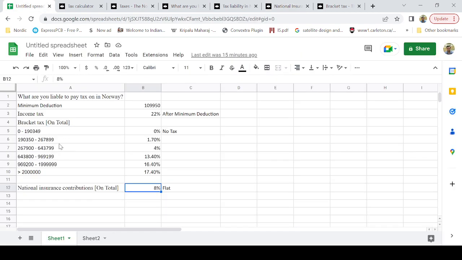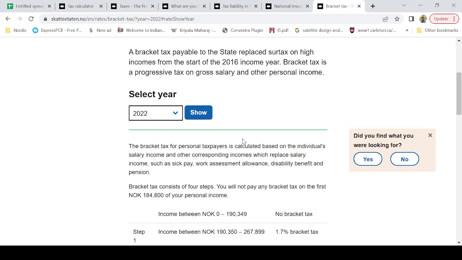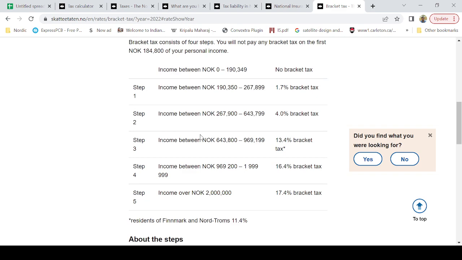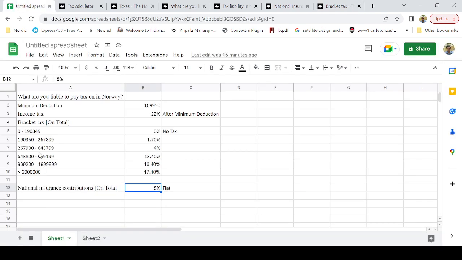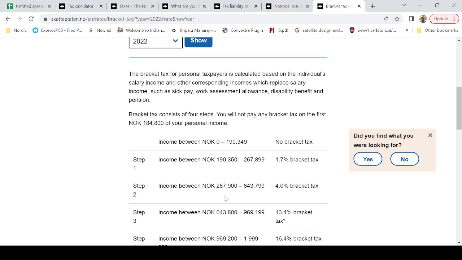The bracket tax will also be changing year to year. On this page, you can see the information about the bracket tax. I have selected 22 because in 2022 it is for this bracket. This is the charge which I have already put here in my XLS. But if you select 2023, it will change. Currently it is 1.7% for this amount, right?